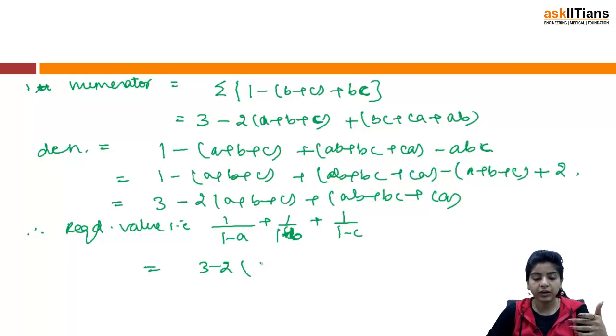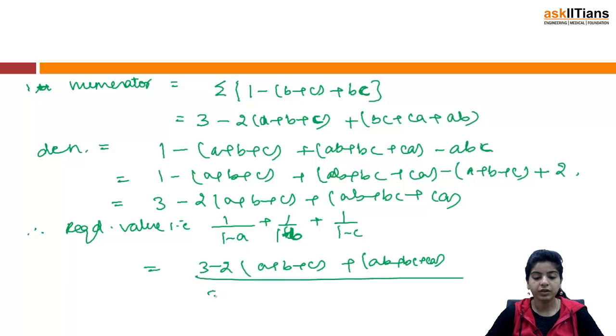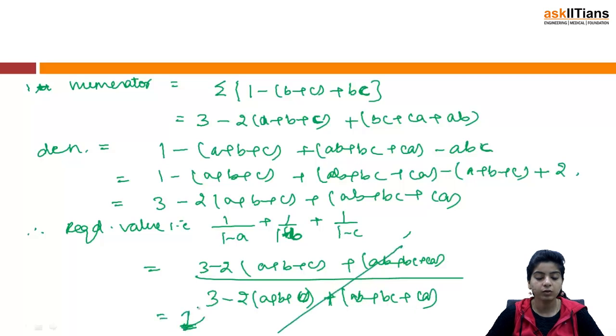So we have 3 minus twice of a plus b plus c plus ab plus bc plus ca divided by the denominator, 3 minus twice of a plus b plus c plus ab plus bc plus ca, and ultimately these two cancel out, and so we have the required value as 1. The value of this term is 1.